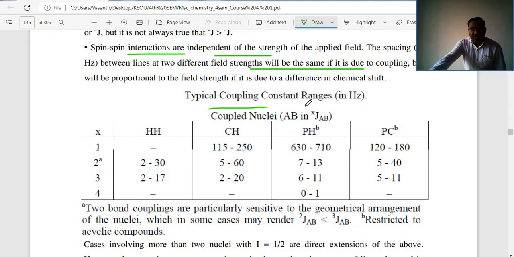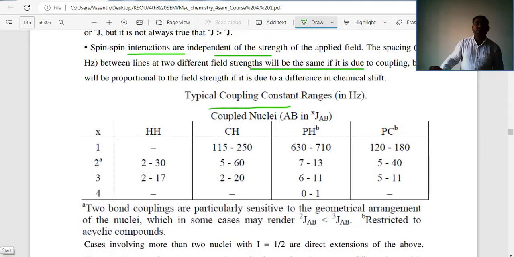These are all typical coupling constant ranges. These are all coupled nuclei, such as HH, CH, HB and PC.